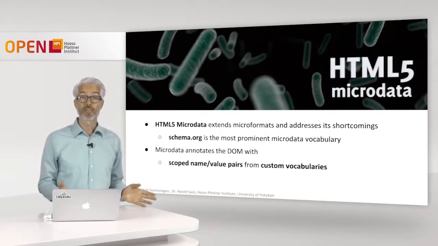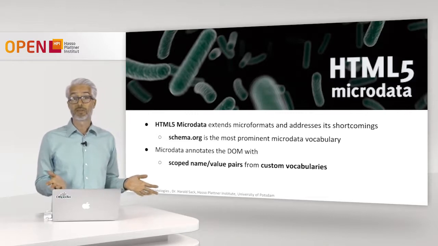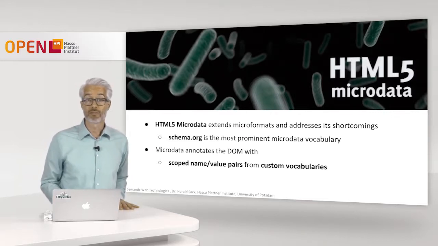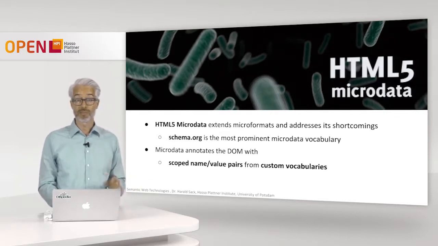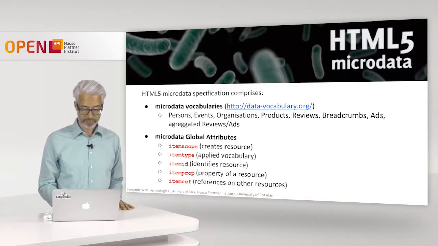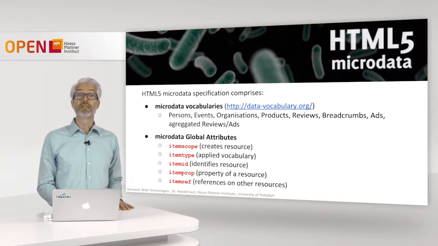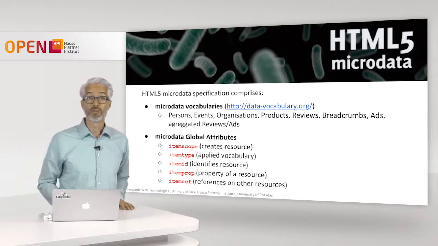So what microdata does, it annotates the document object model of the HTML file with so-called scope name value pairs for custom vocabularies. So you can define custom-made vocabularies, and they can be used for annotation. In the same way as for RDFa, there are new global attributes defined.